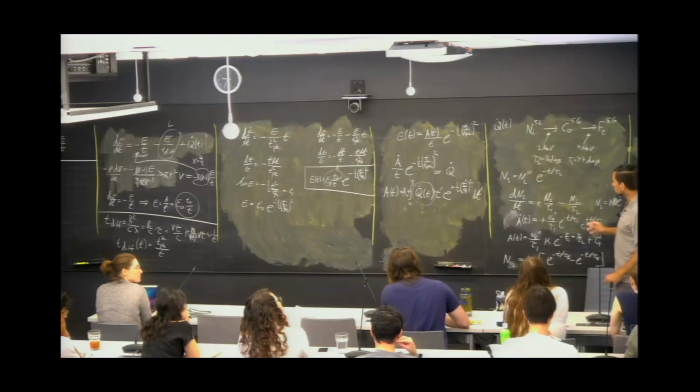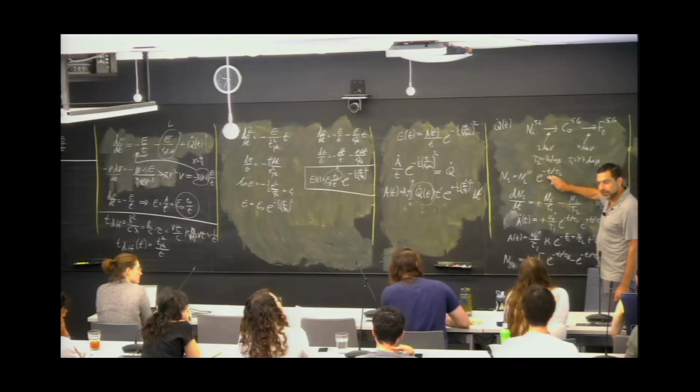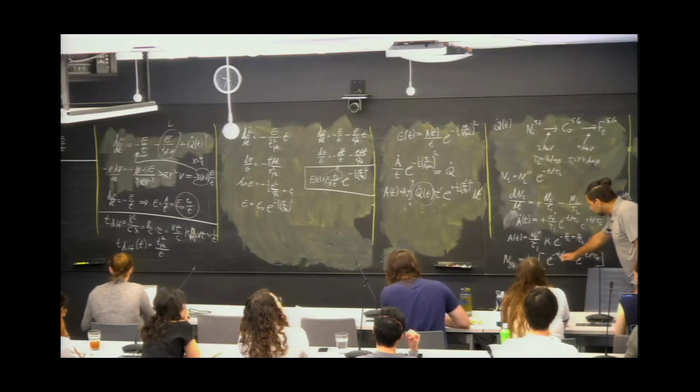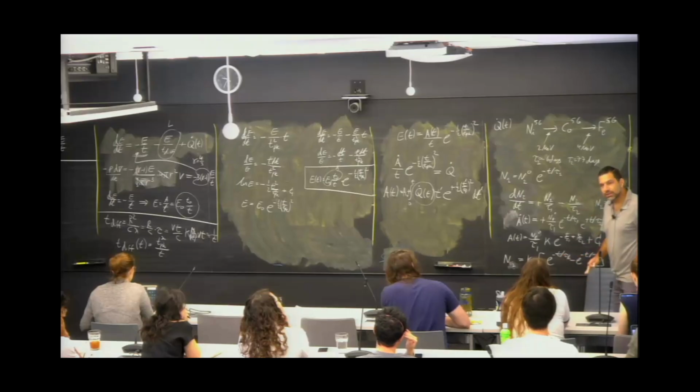So for the nickel, it will be just an exponential decline. And for the cobalt, it will be a difference between the two because it has to build up itself from the decay of the nickel and then decay by itself.